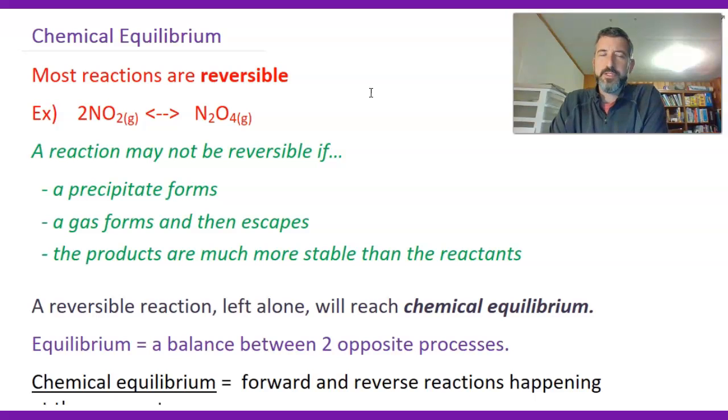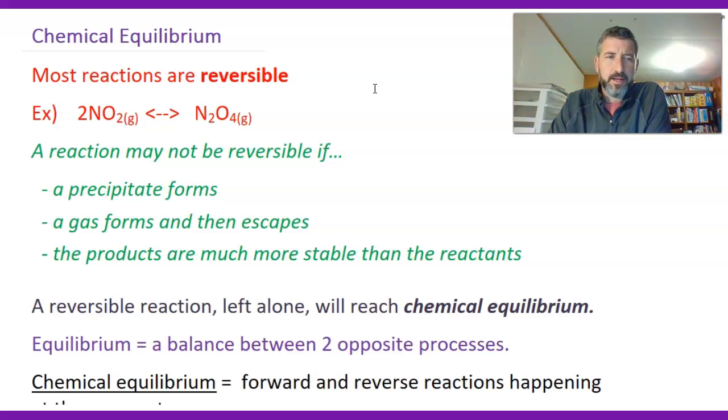So the precipitate forming sequesters those products in one place and doesn't allow them to react anymore. You can also have a reaction not be reversible if a gas forms and then escapes. So, if you have some hydrogen bubbles being given off and they're going into the atmosphere, well, you're not going to get the reaction to go back in reverse.